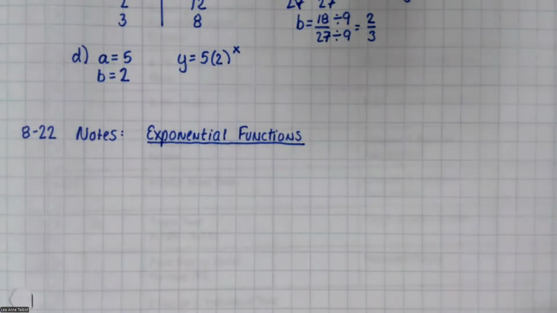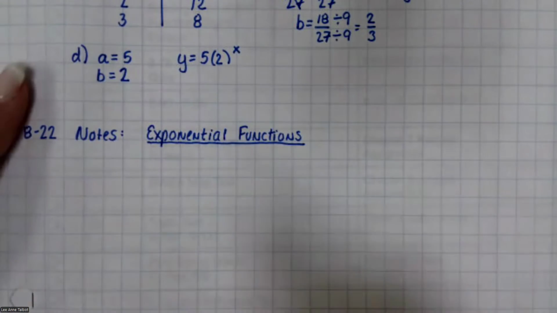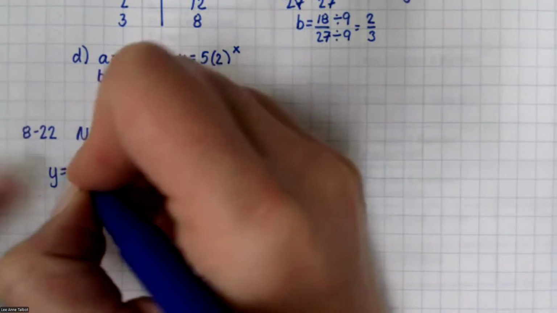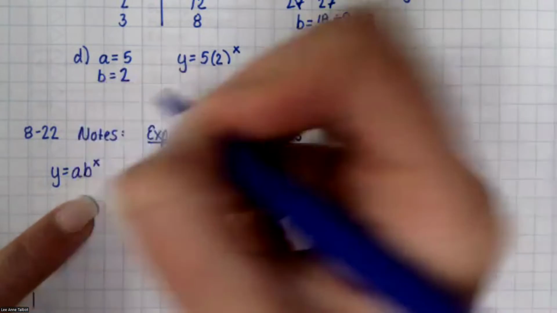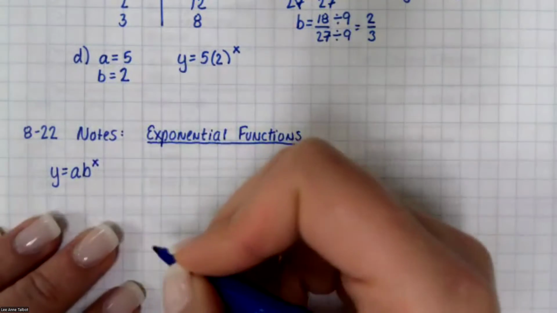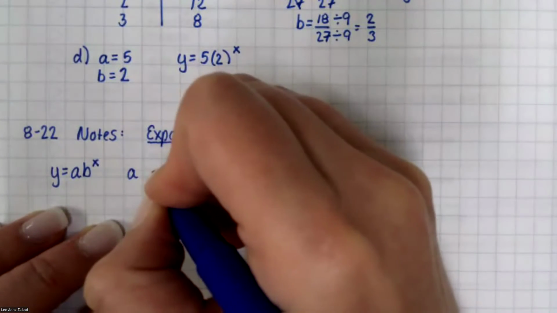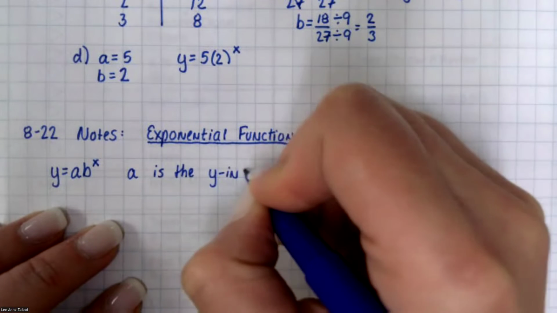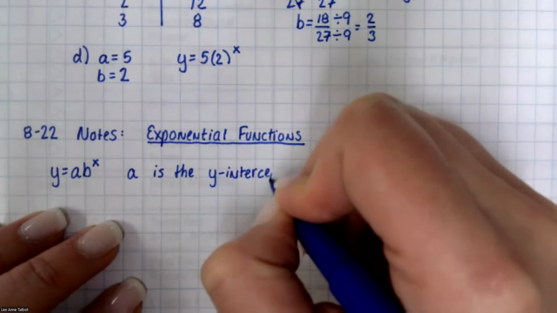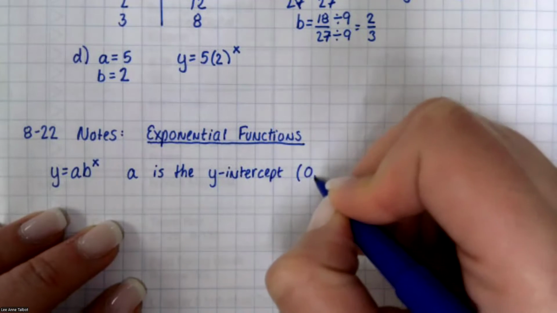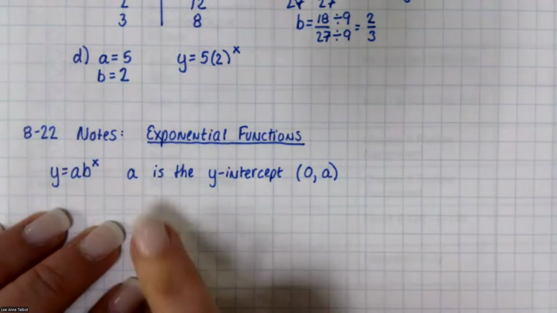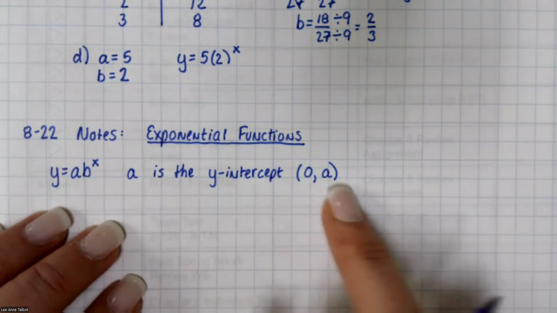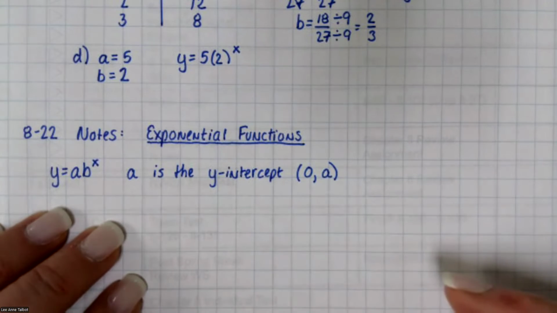Okay, so what we're going to do is just summarize the things that we found. So the first thing we're going to say is the general equation, y equals ab to the x. A is the y-intercept, or it's next to the 0 in the table, either one.